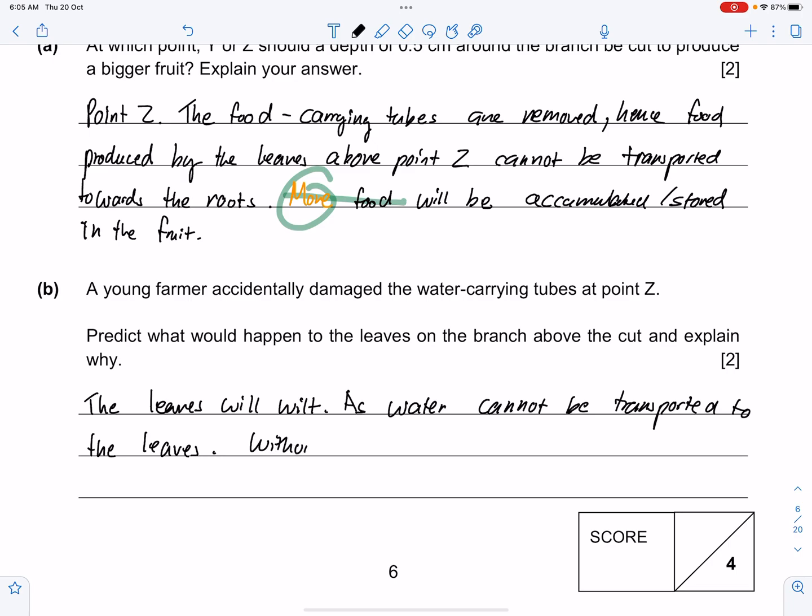Without water, the plant is unable to photosynthesize.